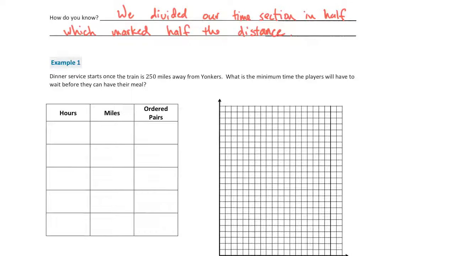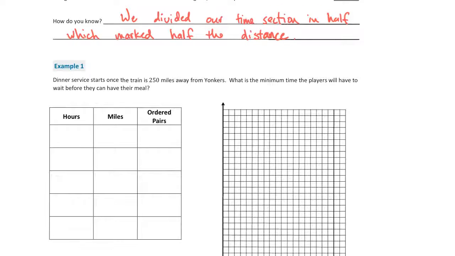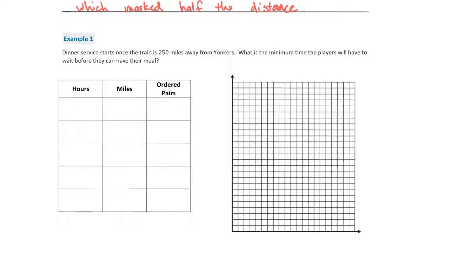Okay, so what you have to do next then is imagine what to do with this graph and this table. Recall in the coordinate grid, you have the x-axis and you have a y-axis, like so.